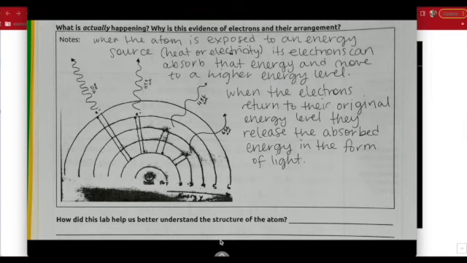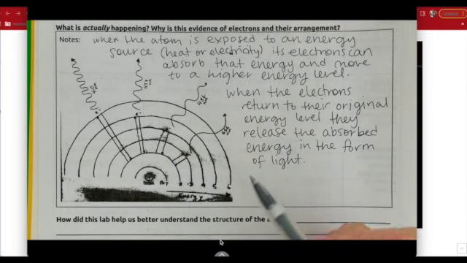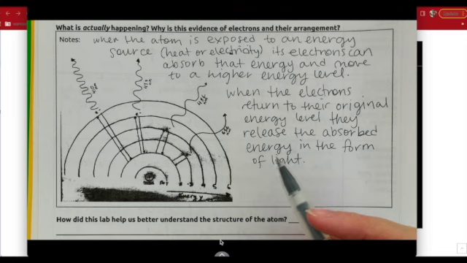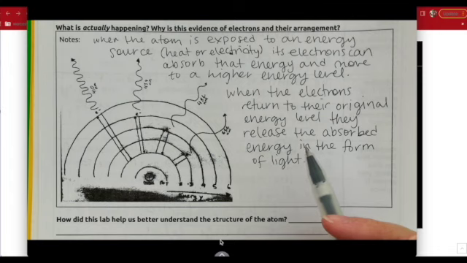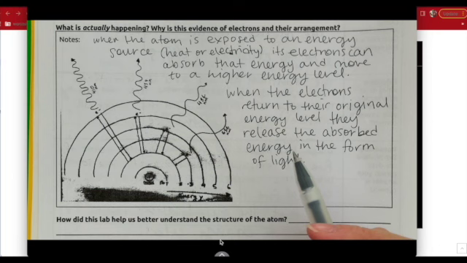But instead, we are seeing very specific colors of light coming out of very specific atoms, which tells us that it takes a certain amount of energy for the electron to change positions, which also suggests that there are specific levels within the atom that the electron can move to. So this tells us about the organizational structure of the atom and where the electrons are in the structure.